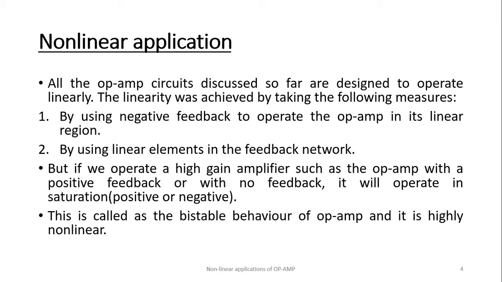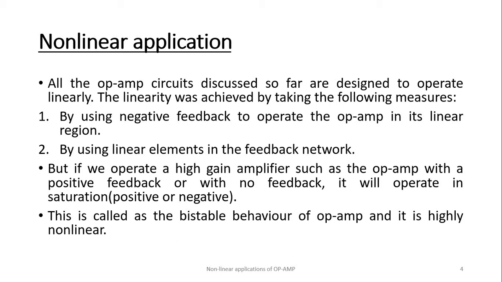Another way of forcing a non-linear operation is by using non-linear devices such as diodes in the feedback network. Means a non-linear element like a diode is used in the feedback path. Examples of such non-linear circuits are precision rectifier, peak detector, and sample and hold amplifier.